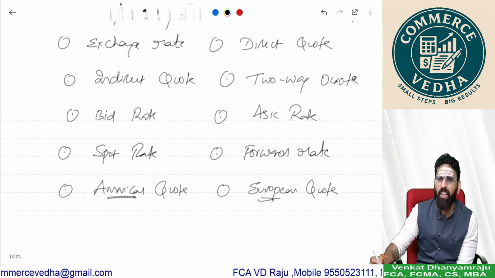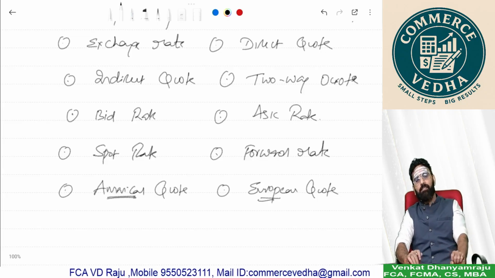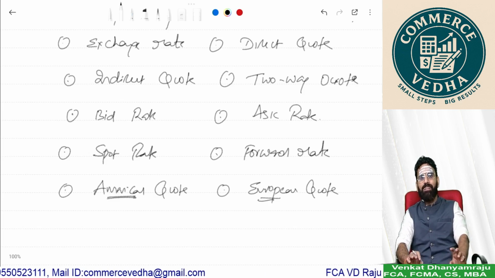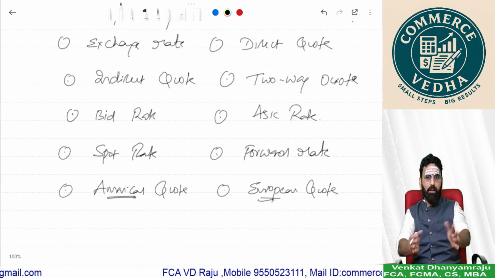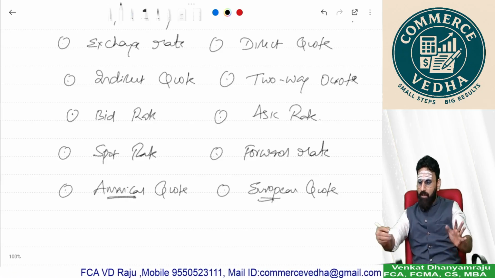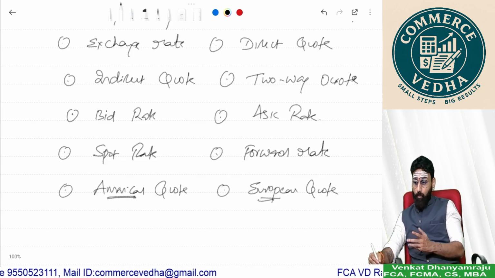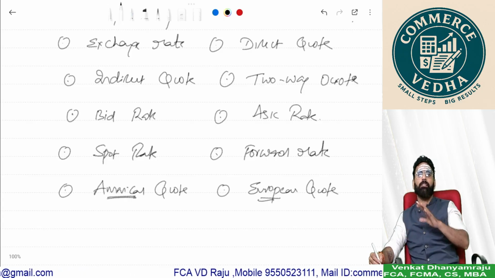Why is it called so? Because way back the most traded currencies were the dollar and the European currency, euro. That is the reason the names came. It doesn't mean that European quote relates to euro and American quote relates to dollars.